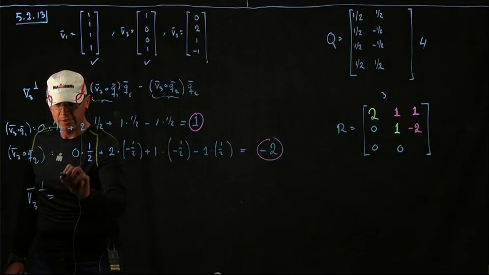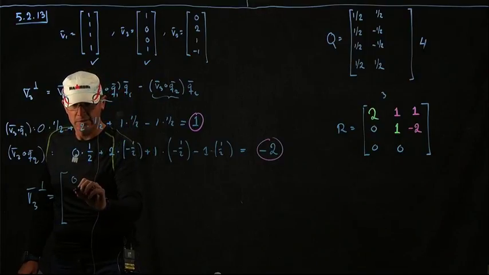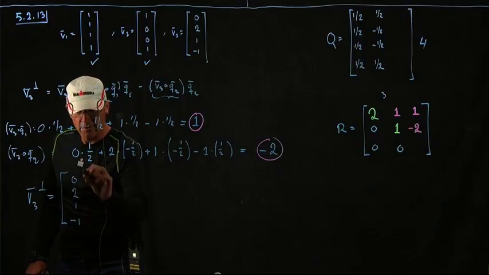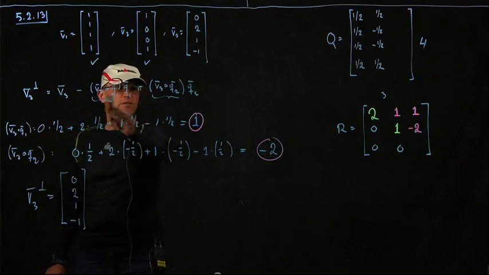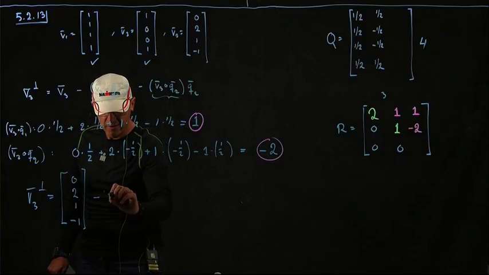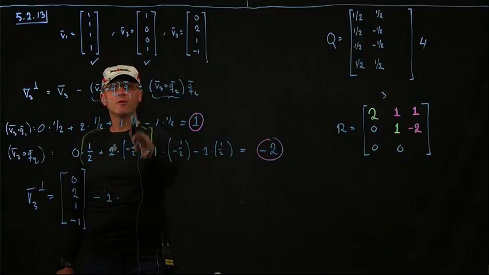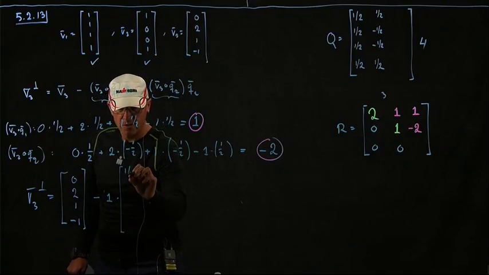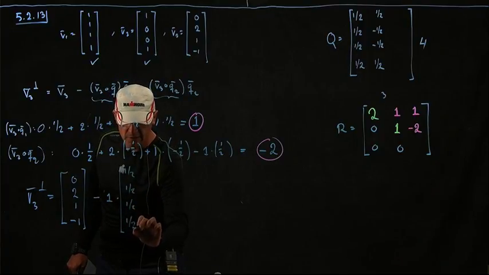We have the original V3 vector, 0, 2, 1, minus 1. To that we are subtracting 1, right, that 1, times the Q1 vector, which had halves for all the elements.